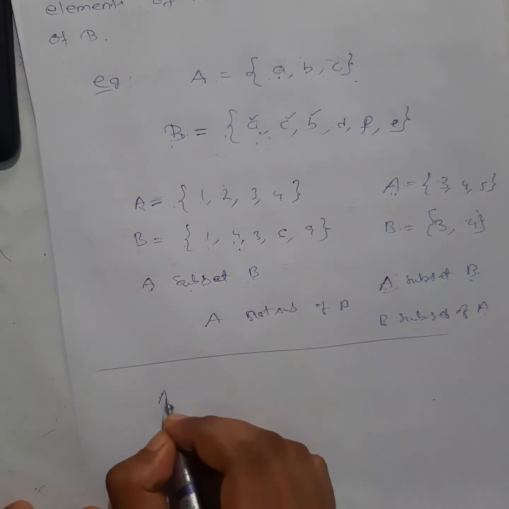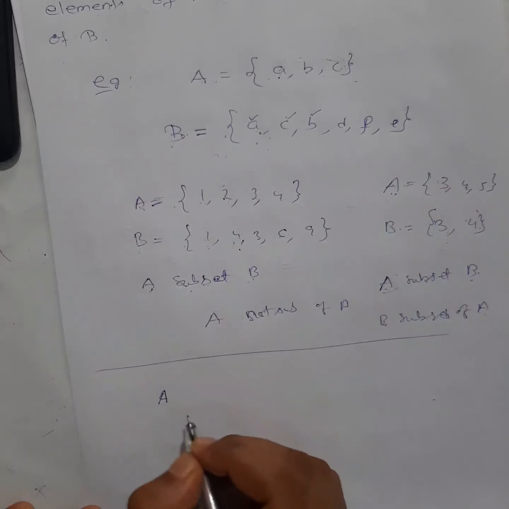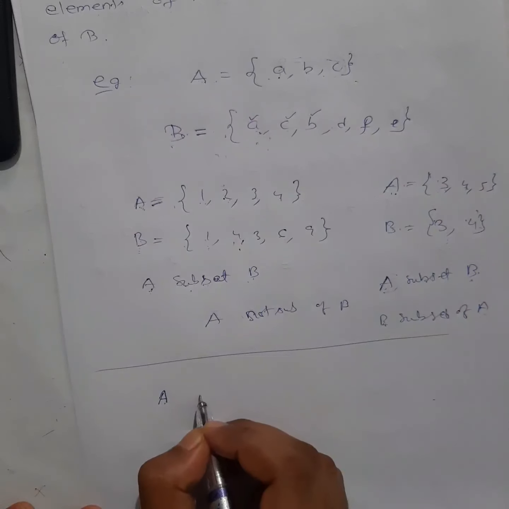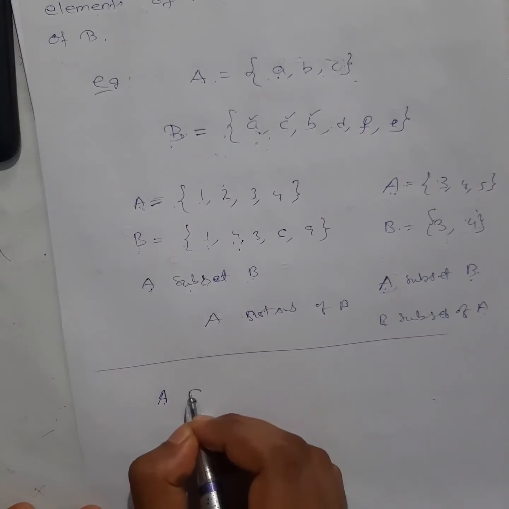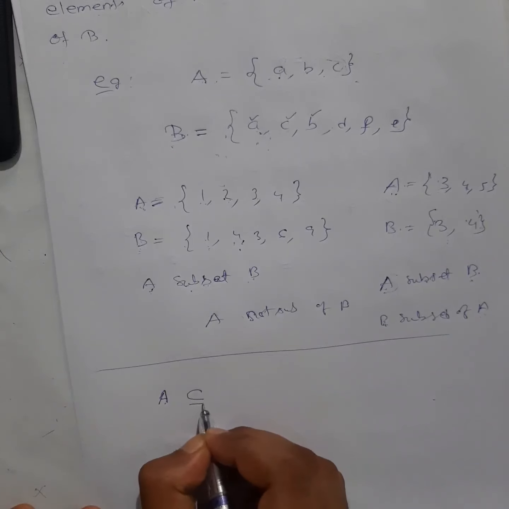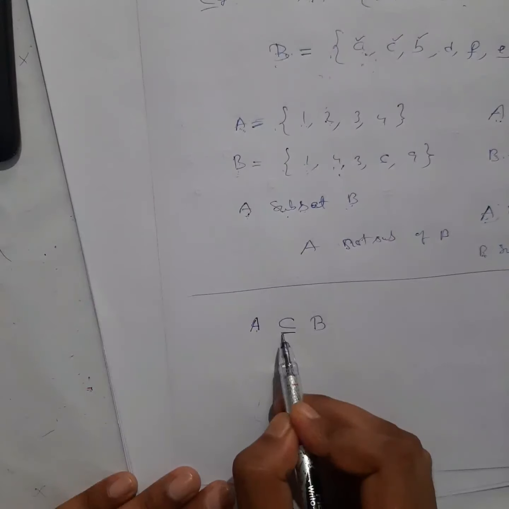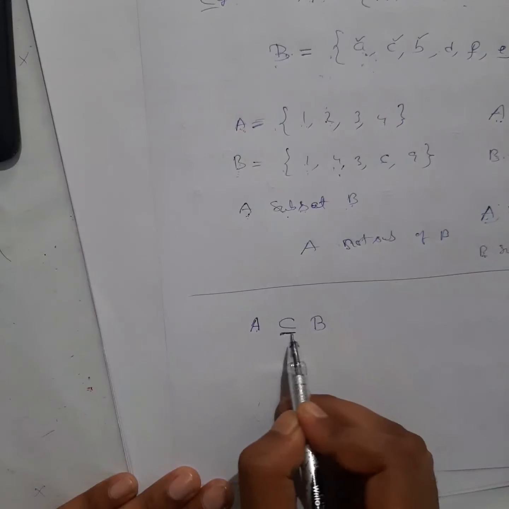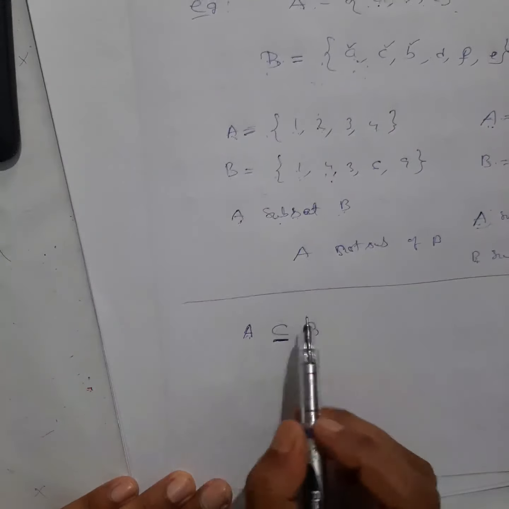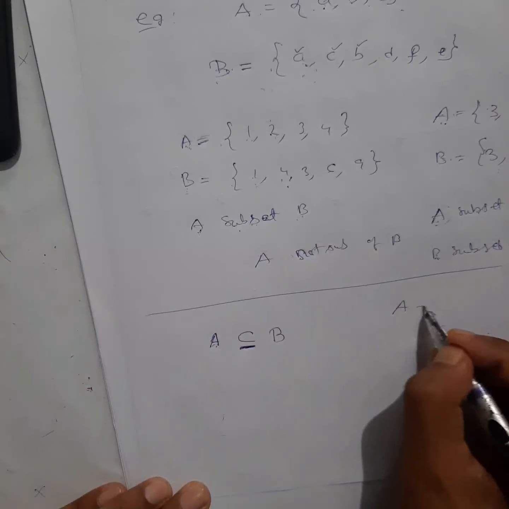Now how do we write this symbolically? If A is a subset of B, then we use this symbol. A subset of B. You might be familiar with this symbol. It has an equal sign. Now see, when I say subset, it can be like this also.